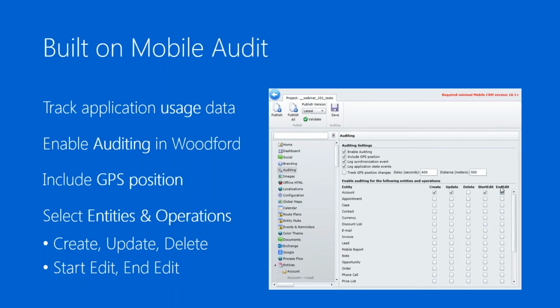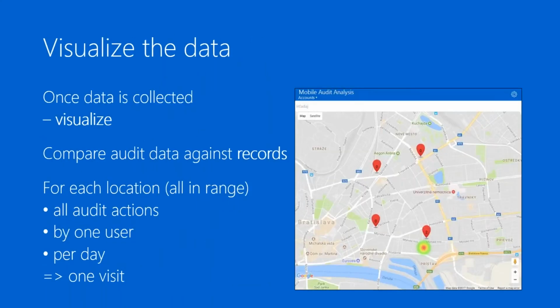So this actually isn't new. This mobile audit section has been there for a long time, but what we've built now is a way to visualize the data. So once this data from mobile audit, once this data that your users have collected, is there in the system, you can visualize them.